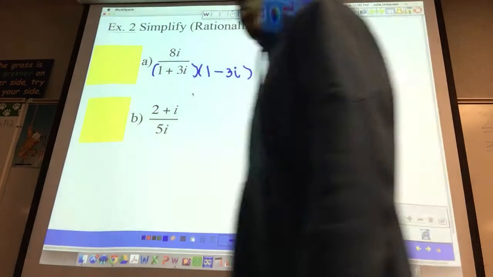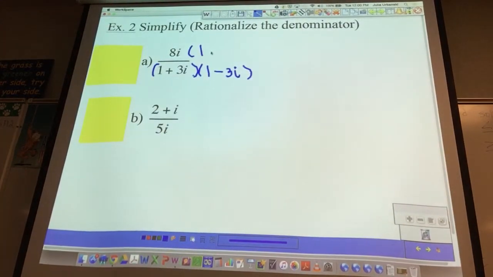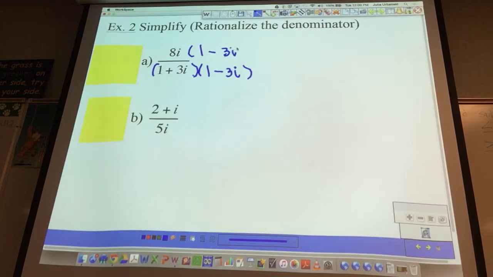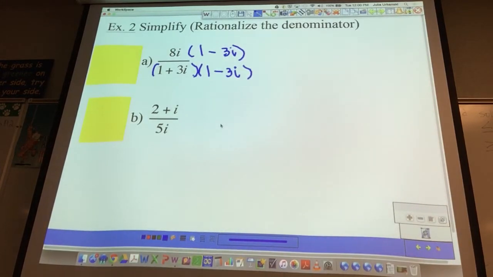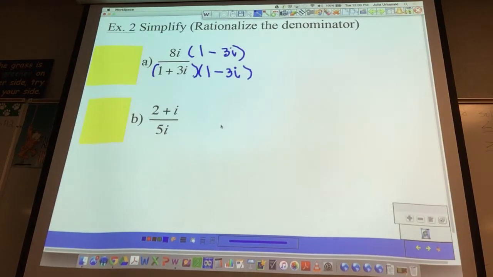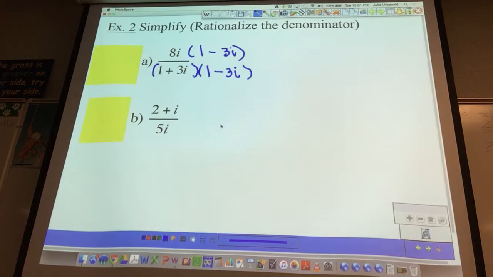And what we've done is we've created a shortcut there. So do the same thing to the top. 1 minus 3i. If we just take that little by little, you'll see that it works out kind of easily, a lot easier than a radicals one does. All right, so on the top, we distribute.